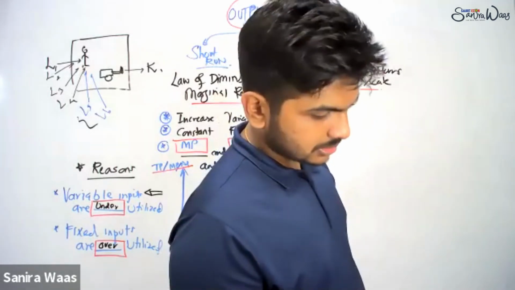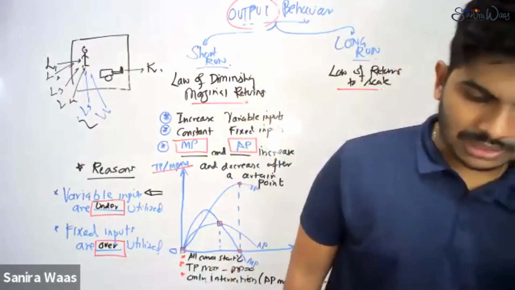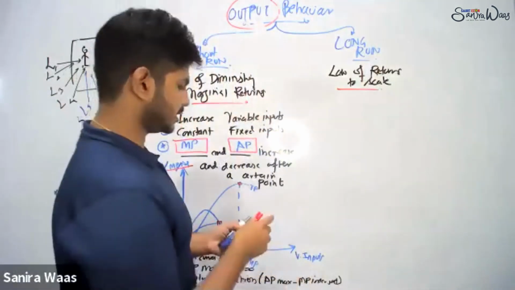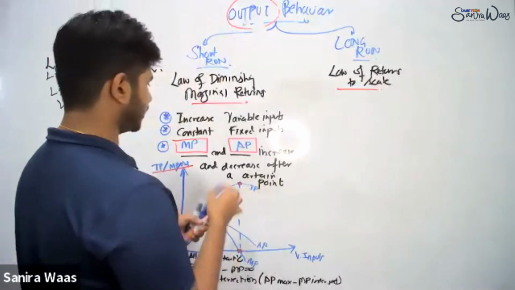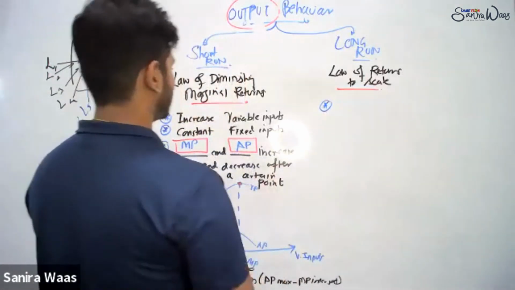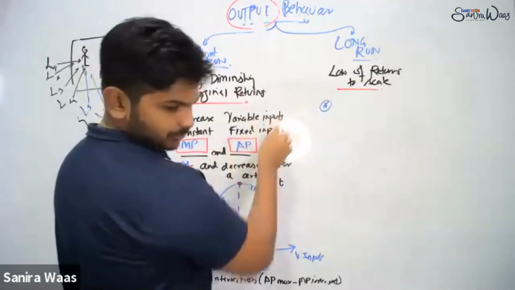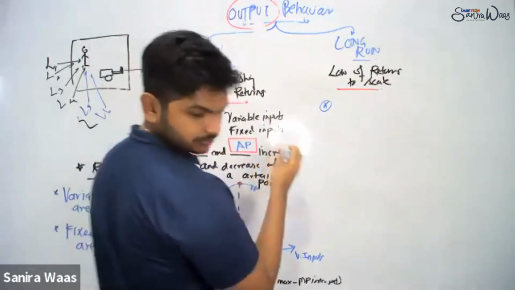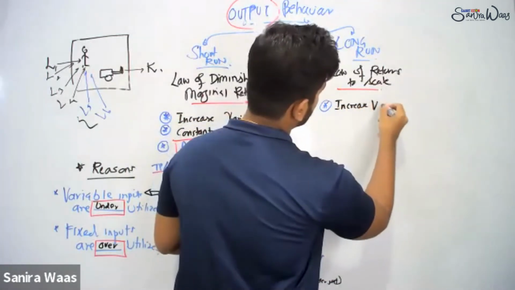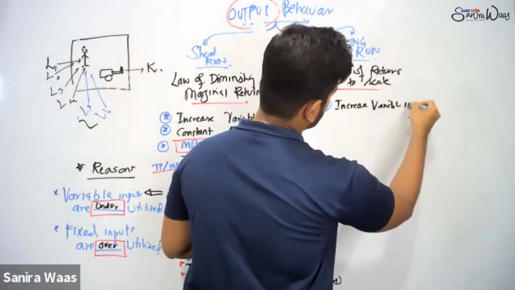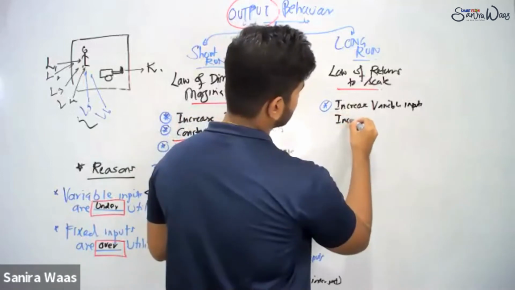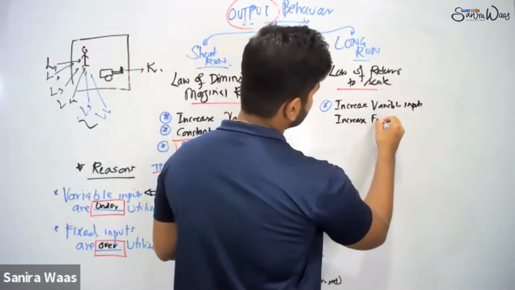Yes, good. Well, we didn't have all the answers, but let me put it in a much more helpful way. First thing is you need to include these two phenomena. You increase variable inputs and you increase fixed inputs also.